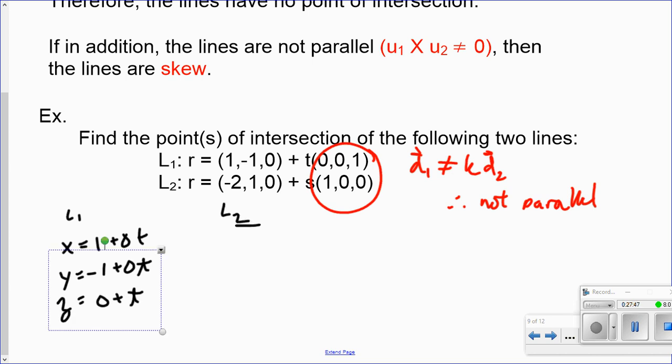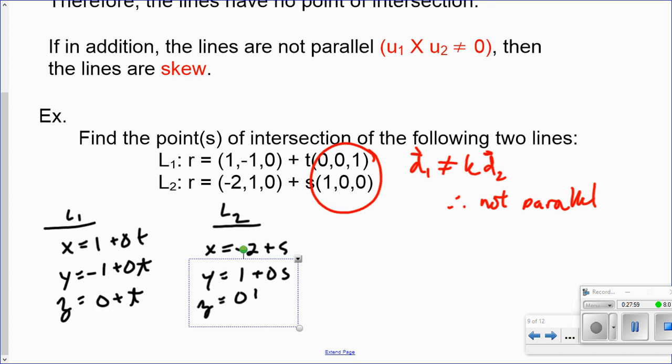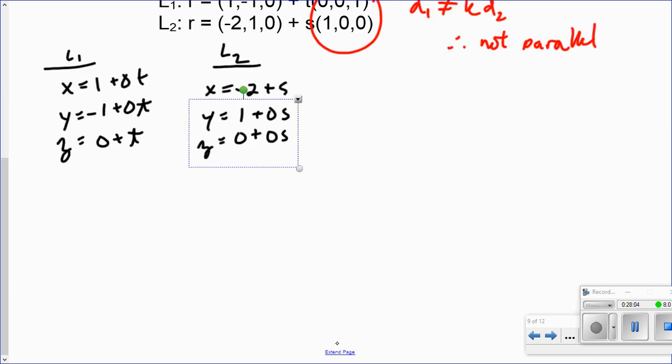And L2 will be x equals negative 2 plus s, y equals 1 plus 0s, and z equals 0 plus 0s. There's a lot of zeros in here, but that's fine. Let's equate components. x is going to be 1 equals, dropping the 0t, negative 2 plus s. I can solve for s right off the bat: s equals 3.